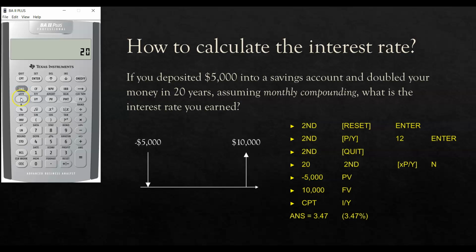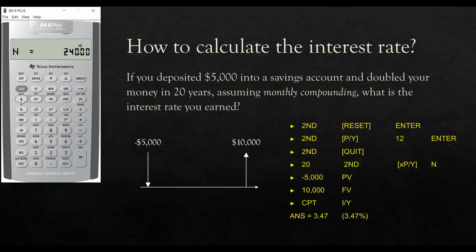This is the button you use to multiply 20 by whatever your P/Y is. So I key in 20 and then second, times P/Y. Essentially, you're multiplying 20 by 12, because your P/Y is 12. Then you have 240, which is how many months you have, and you put that in as your n.